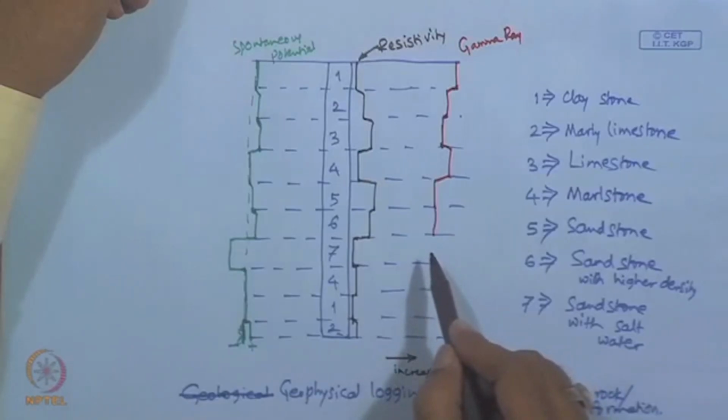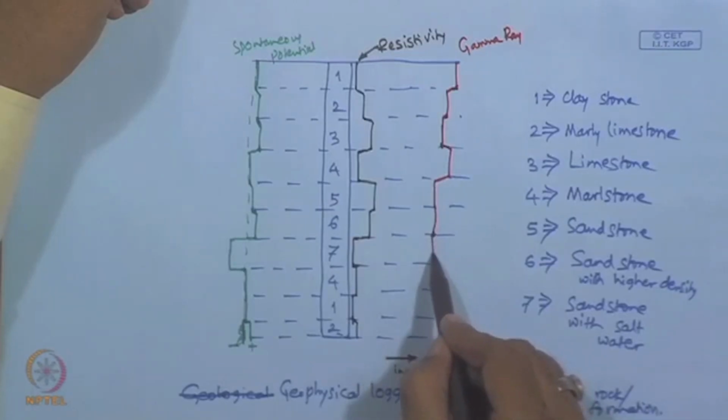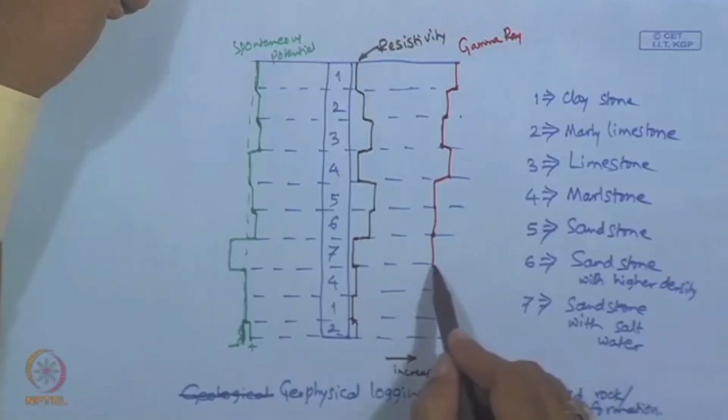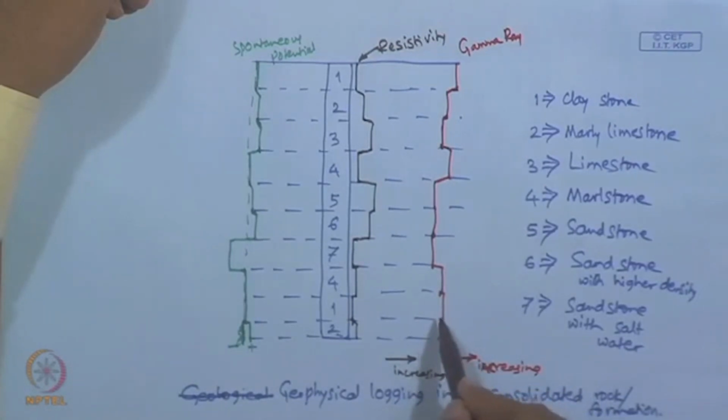Then the seventh one is even less. Then 4 will be slightly more, then 1, and again 2.